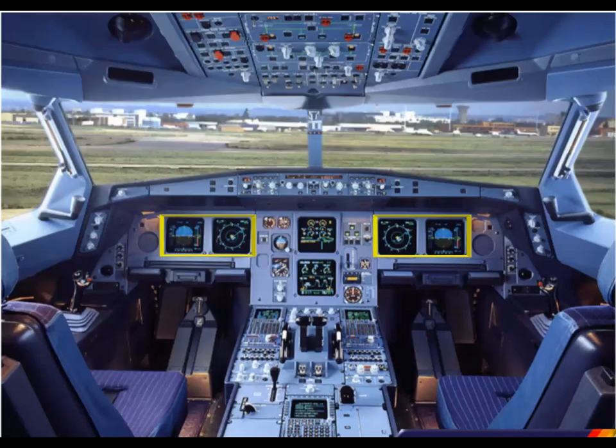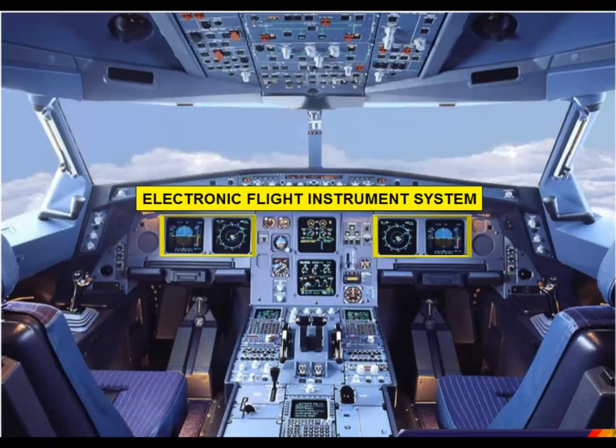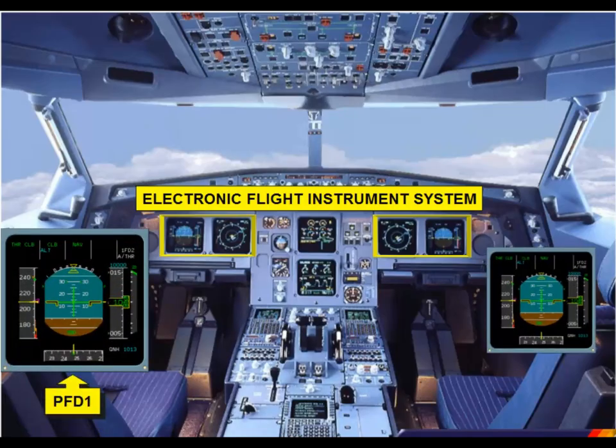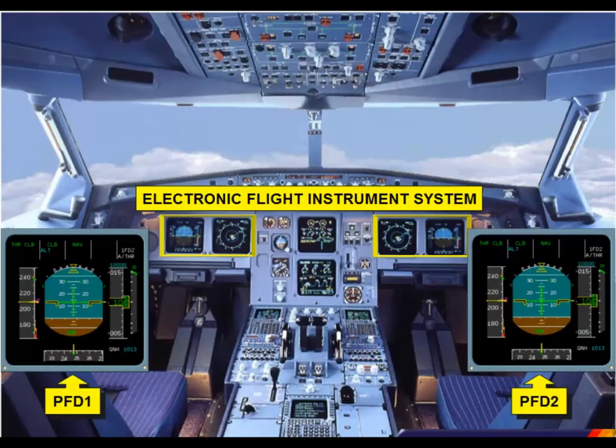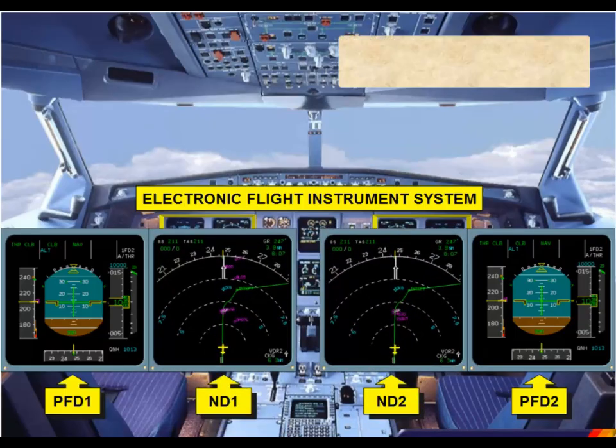The four EFIS displays provide the pilots with flight data to help them operate the aircraft in a safe and efficient way. Flight parameters are displayed on Primary Flight Displays, PFD, while navigation data is displayed on Navigation Displays, ND.